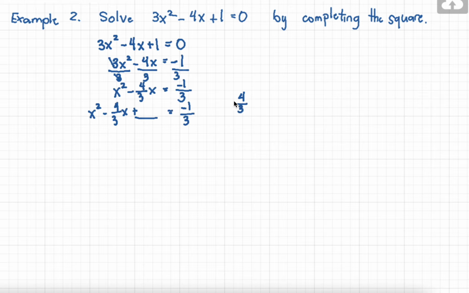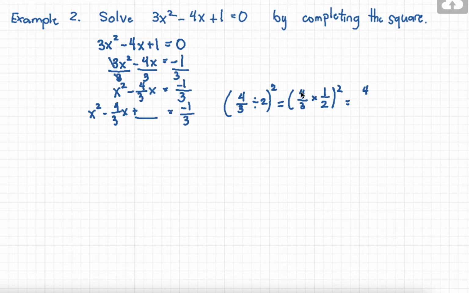4 over 3, okay, or yung value ng b, di-divide natin by 2, and then get the square of it. So, 4 over 3 divided by 2. So, recall natin, that will become 4 over 3 times the reciprocal of 2, which will be 1/2, squared. So, multiply the numerators.